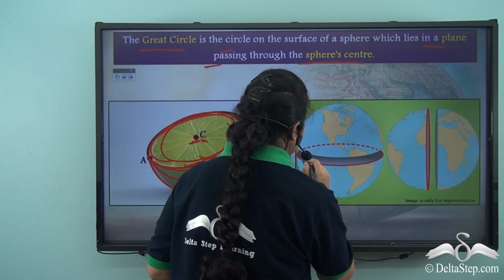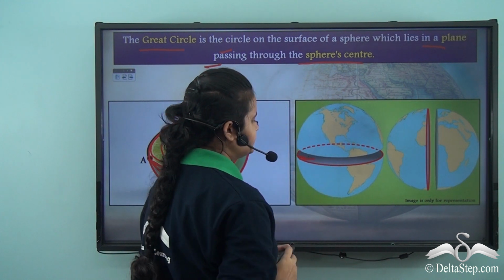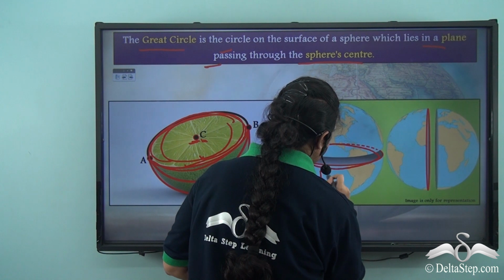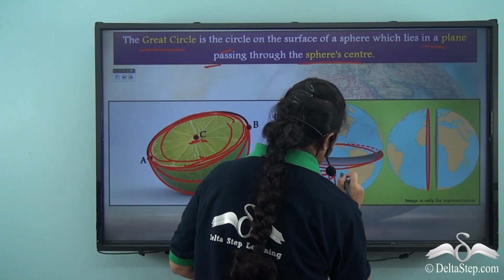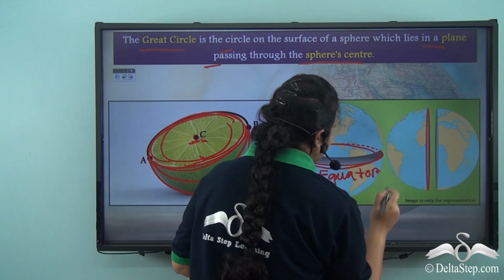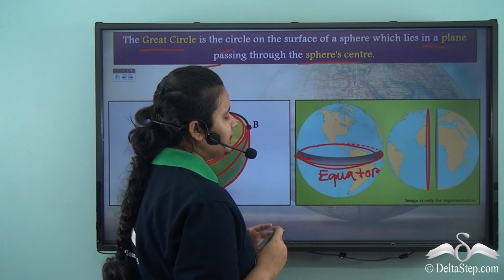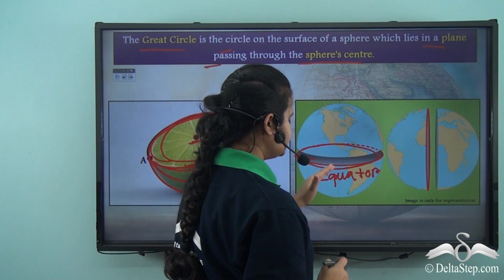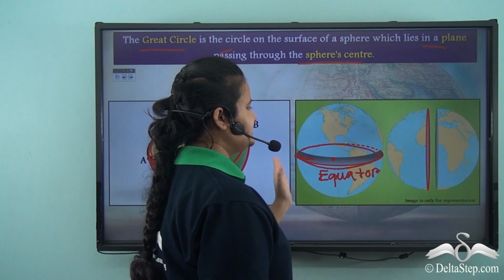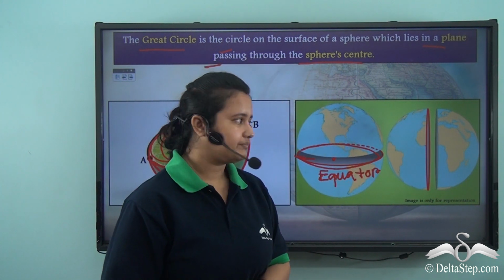That is, this is the orbital plane and this line is the equator. As we can see in this picture, equator lies in the orbital plane and orbital plane contains the center of this globe or of this sphere.